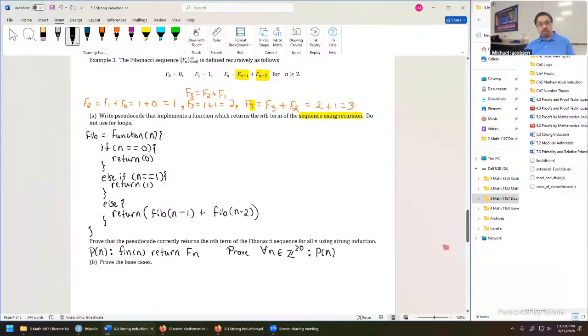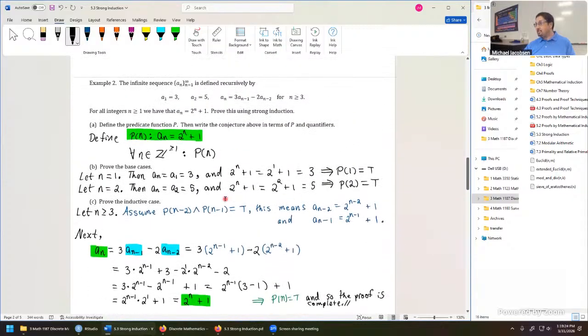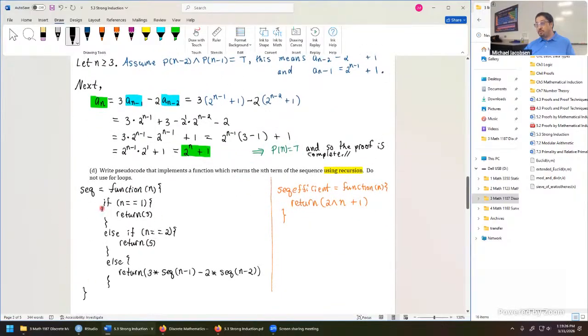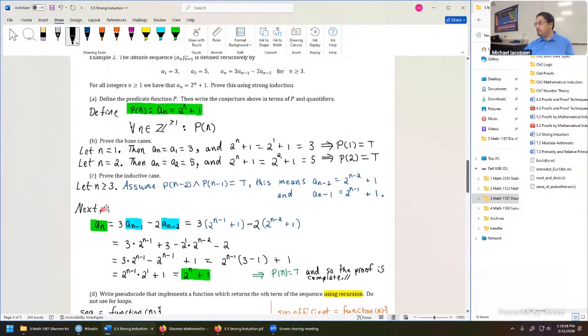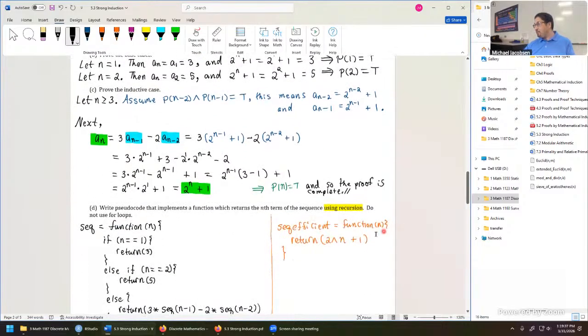And once again, we could also do something along these lines. This is not very effective code either. This is pretty rough to get the end term of this sequence above. Same kind of idea, just like the Fibonacci sequence, slightly more complicated, but really the same kind of thing. If you can find a formula, that's what we were really proving in the prior problem. This is going to be the most efficient of all, right?